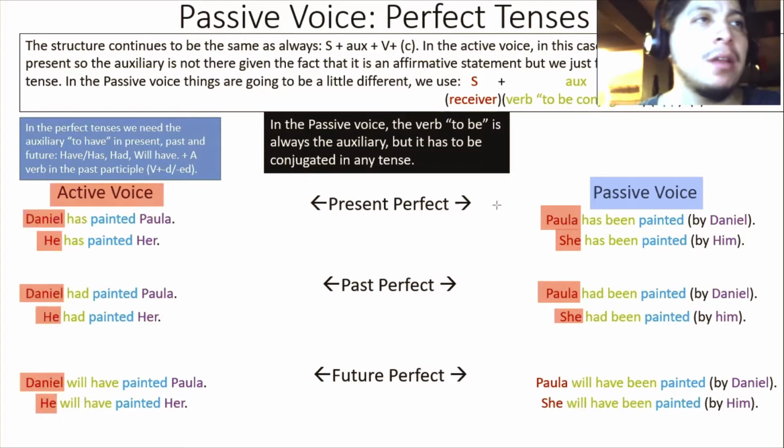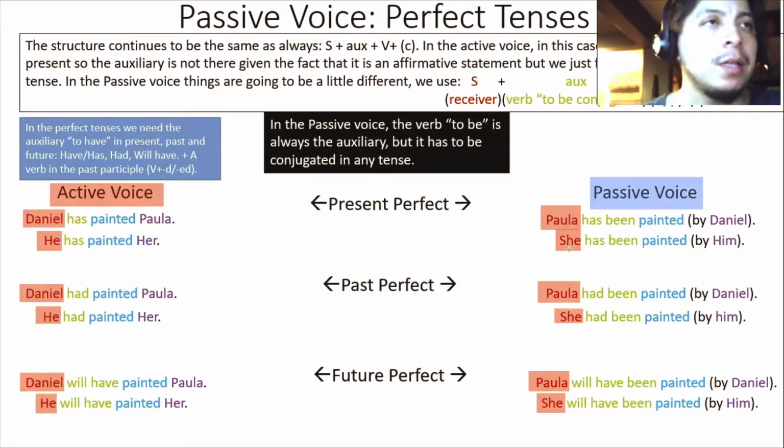Daniel is painting her. In the passive voice, the subject is not the doer of the action. The subject is Paula because she is the receiver of the action. When Paula is the subject, we can replace the noun Paula with a personal pronoun. When we had Paula here in the active voice, she was acting as the receiver of the action, right?